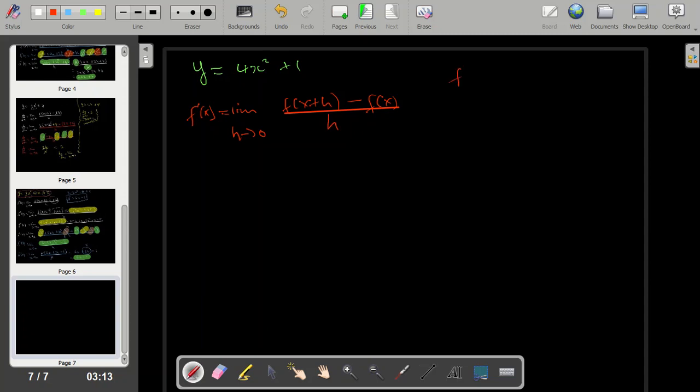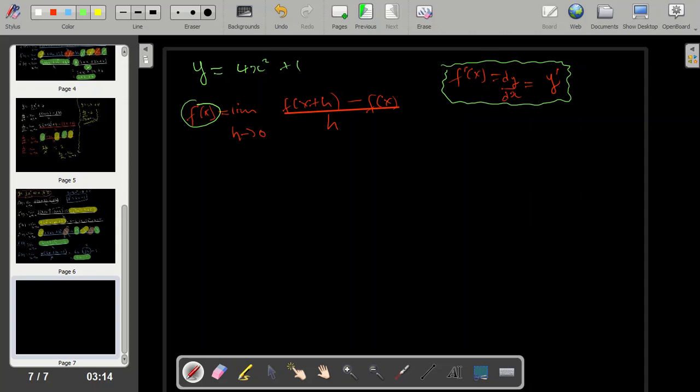This f prime of x, we can also say is dy/dx, or y prime. It doesn't really matter what we use here.